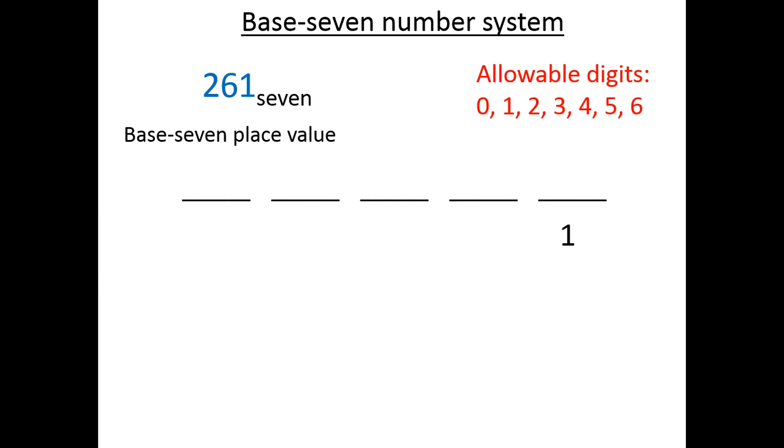Furthest to the right represents the number of ones. To the left of that would be how many groups of 7. To the left of that is how many groups of 7 times 7s, or 49s. To the left of that is how many groups of 7 times 7 times 7s, or 343s, and so on.